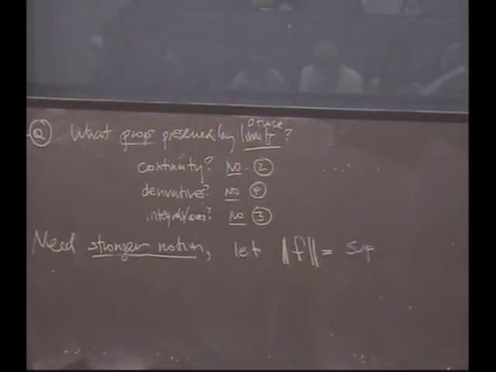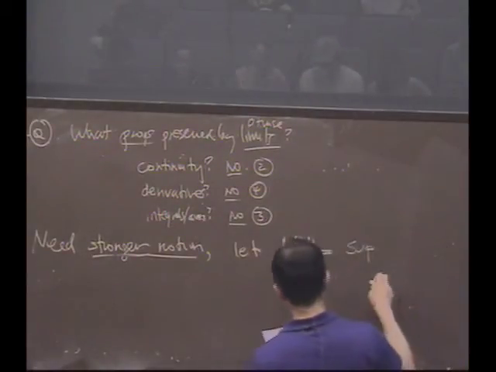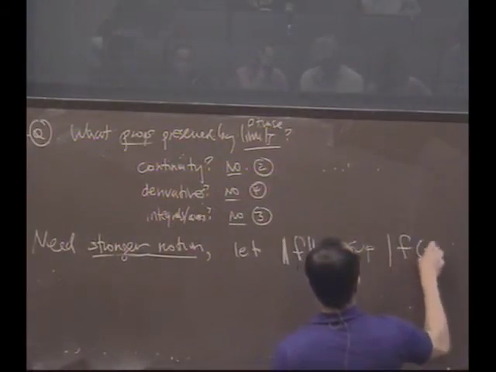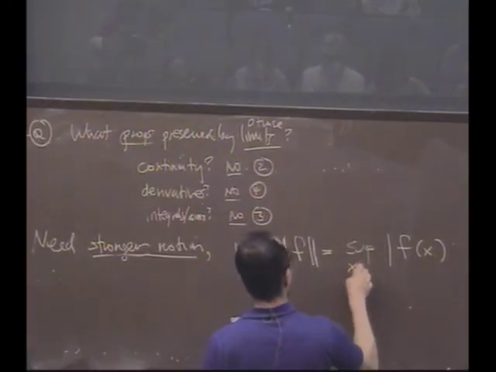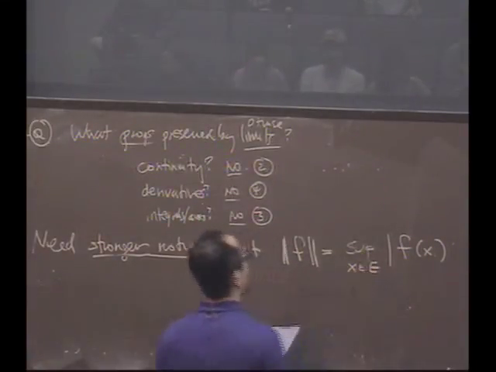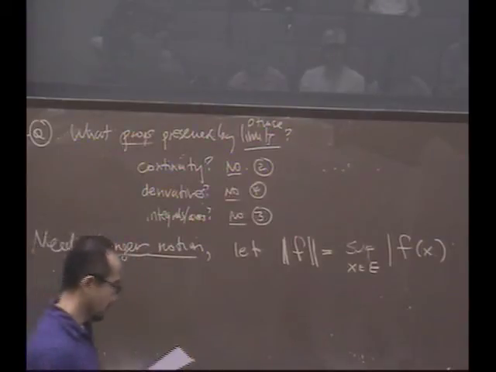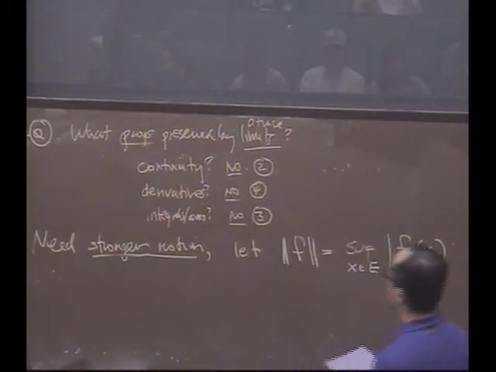Let's look at the supremum norm of a function, which is defined to be: take the function value, and take its supremum of the absolute value over all points in the domain of the function.